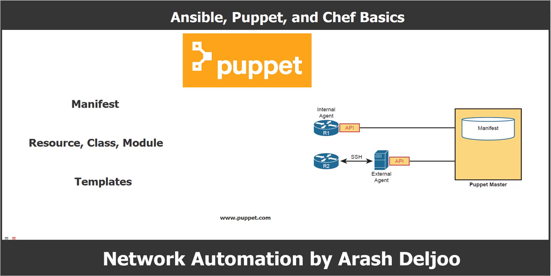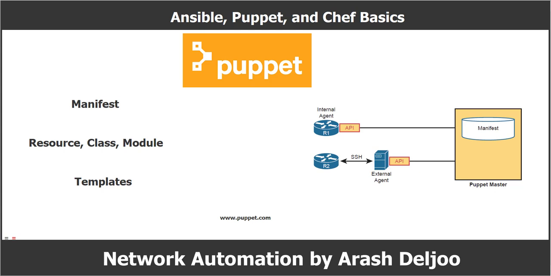Once installed, Puppet also uses several important text files with different components, such as the following: manifest, resource, class, module, and templates. About the manifest, this is a human-readable text file on the Puppet master using a language defined by Puppet, used to define the desired configuration state of a device.